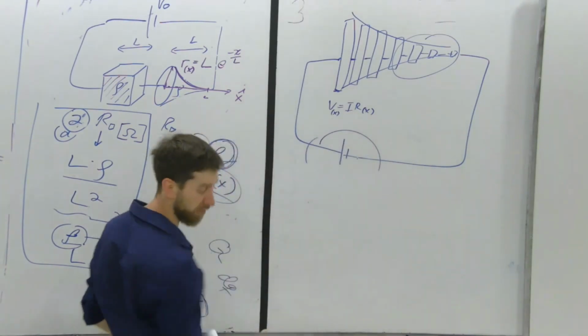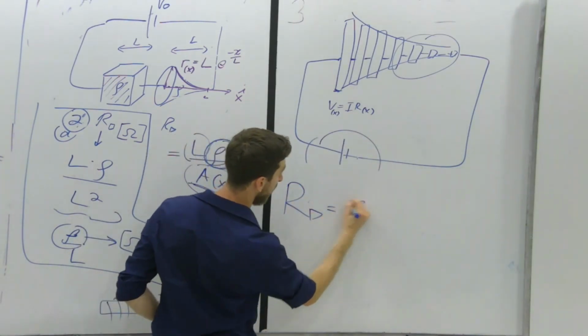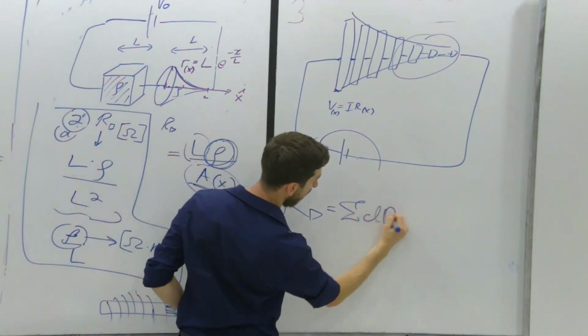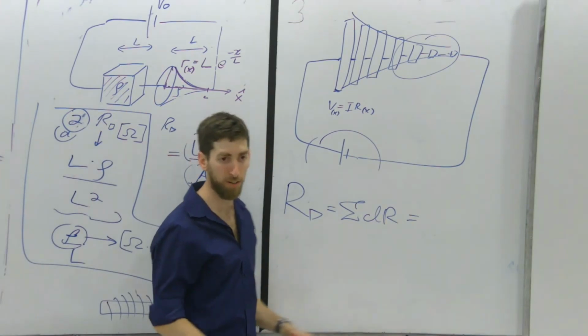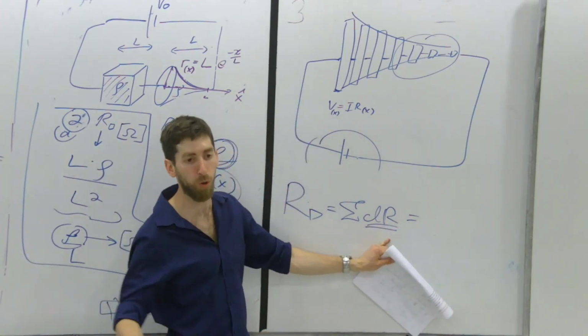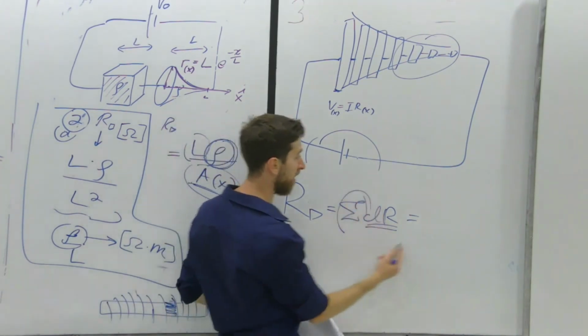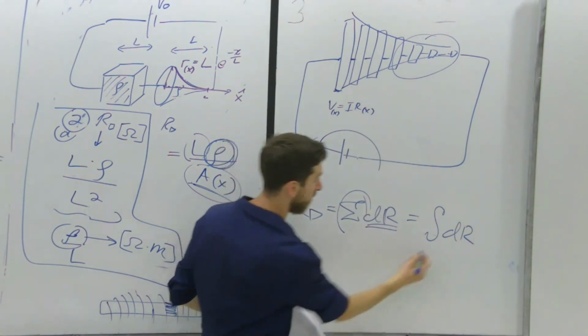So what is the equivalent resistance? We know that R equivalent equals the sum of all dR, and I see in the audience people shouting with a lot of passion that if we have a lot of small units, we can make this an integral, right? So this is a dR. And what are the limits?